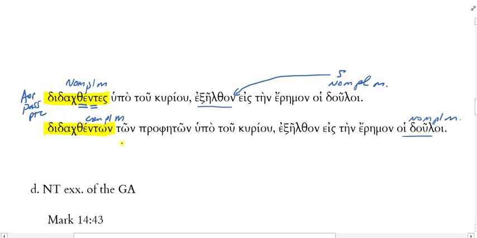Nope, not in the second one. Who was taught? The prophets, because that's genitive case. So how would we translate this? After. Exactly. After the prophets were taught by the Lord, the servants went away to the desert. Okay? So this one is a genitive absolute.